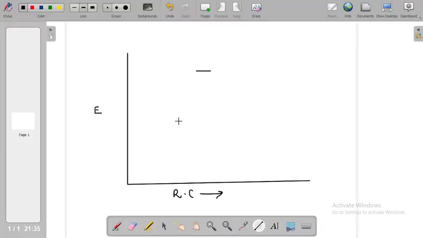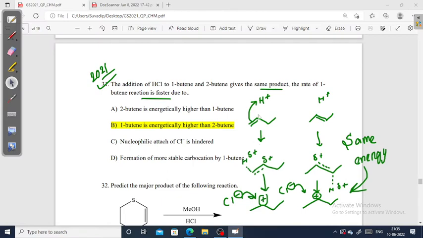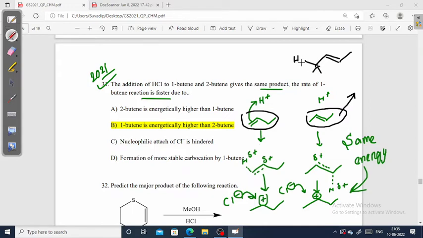And where is our reactant? We have two types of reactant, this one and this one, but which is more stable or has lesser energy? Definitely this one is more stable, because more hyperconjugating hydrogens are present.